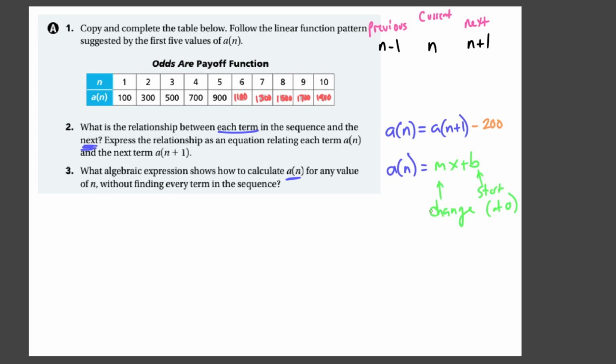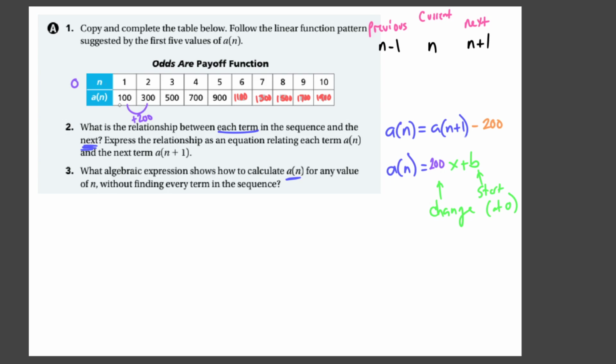So what we're looking at here is our change. When we come back up here, our change between these is adding 200. So our slope is going to be 200. That was our change. The b value is where we start, where x, or in this case n, is equal to 0. It doesn't tell us where it's equal to 0, but I can guess.